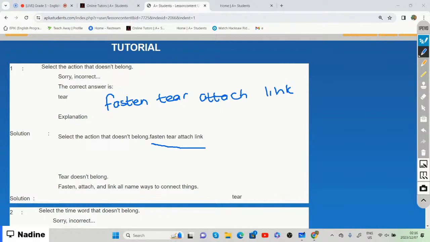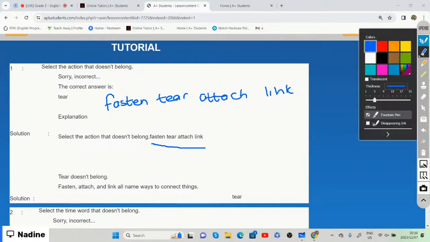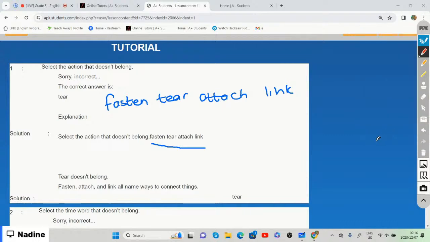Look at these words: fasten, right? We have tear, we have attach, and we have link.